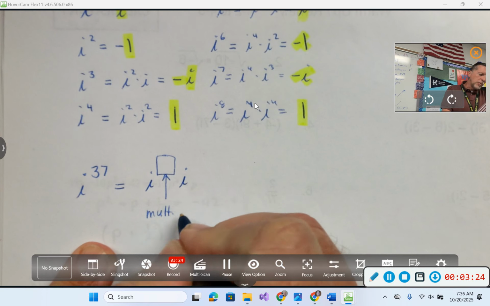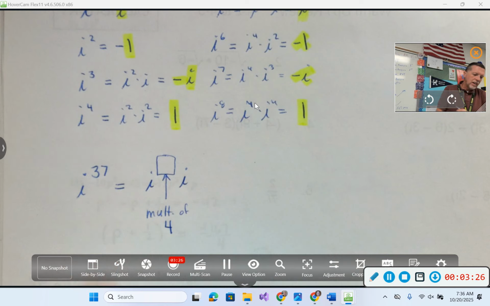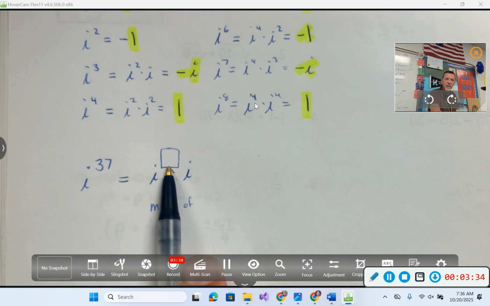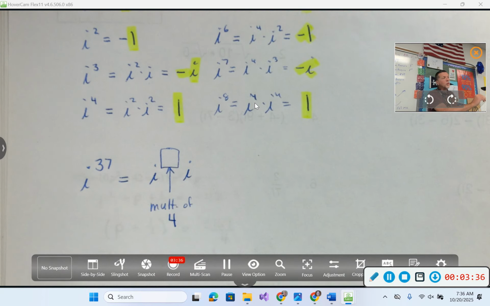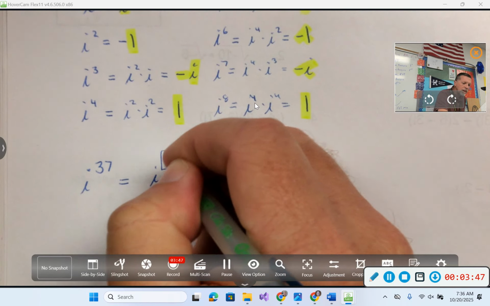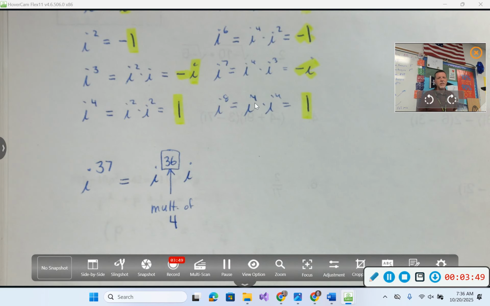I'd really like a multiple of 4 to go there, because a multiple of 4 means that'll be 1. Well, what number should I put there, though? 32. 32 is a multiple of 4, but that would leave 32 and 5. So let's go 36. You want the biggest multiple of 4 that you can get to. 32 would work, but it might be a little harder to deal with.